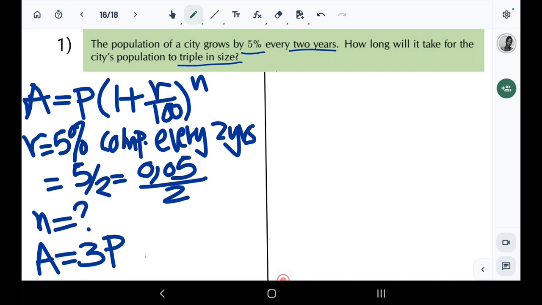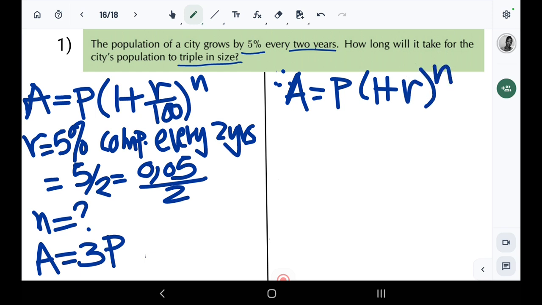Now what we do is to find N. We start with A equals P in bracket 1 plus R to the power of N. Notice that my R is now fixed. R equals 0.05 over 2. I no longer need the over 100. It's no longer necessary. Don't get confused by that. We don't have to use that if we leave our R as the rate in decimals.